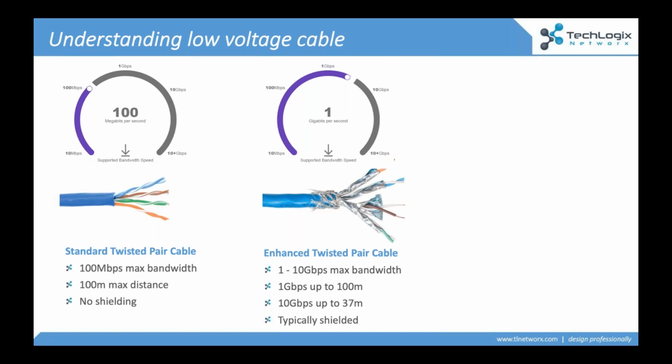And more importantly, it's very environment reliant. Twisted pair cables are not immune to interference. RF and electromagnetic interference, lightning, static surges, all of these things will affect that twisted pair cable. So those bandwidths and distances vary based on the environment. But these enhanced shielded twisted pair cables can handle some bandwidth.